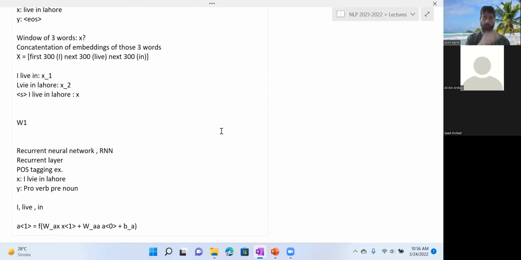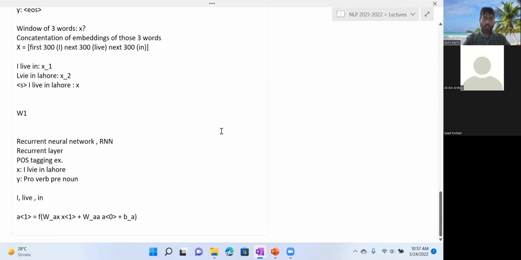In other words, the output A from the previous time step is used for the computation at the next time step. Okay? And then the output Y. Just to distinguish this output from the true value of Y, I will put a prime here, but sometimes I will not put a prime. You should understand that this is the network output and not the true value.